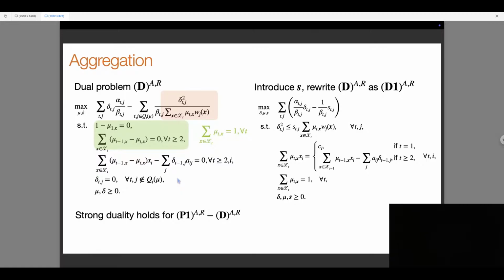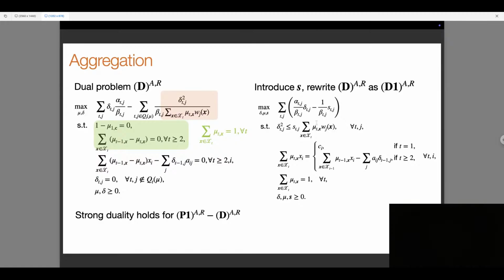Here we can say there's no fractional operation among the two decision variables, although there remains the cross term over two decision variables, but this one is already solvable.